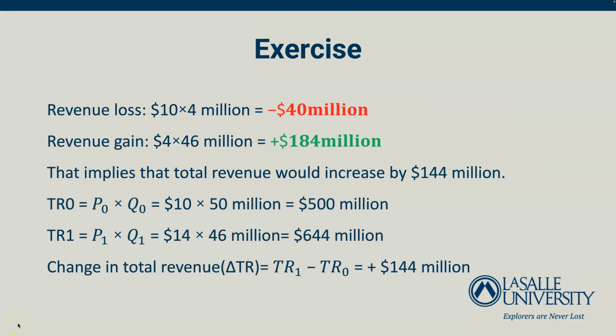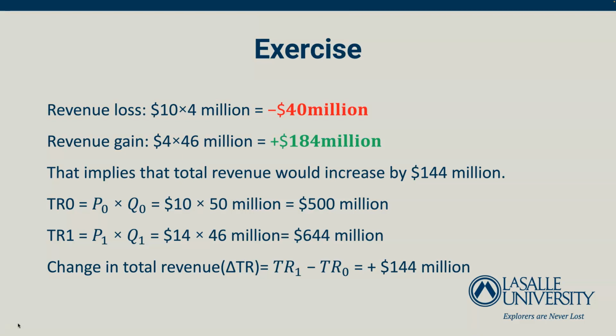This implies that total revenue would increase by $144 million because of that pricing increase, and this is the same as saying that total expenditure on that drug increases as well. And we can see this differently by noting that total revenue before was P times Q, $10 per unit multiplied by 50 million units, or $500 million, and the total revenue after is the new price multiplied by the now lower quantity demanded.